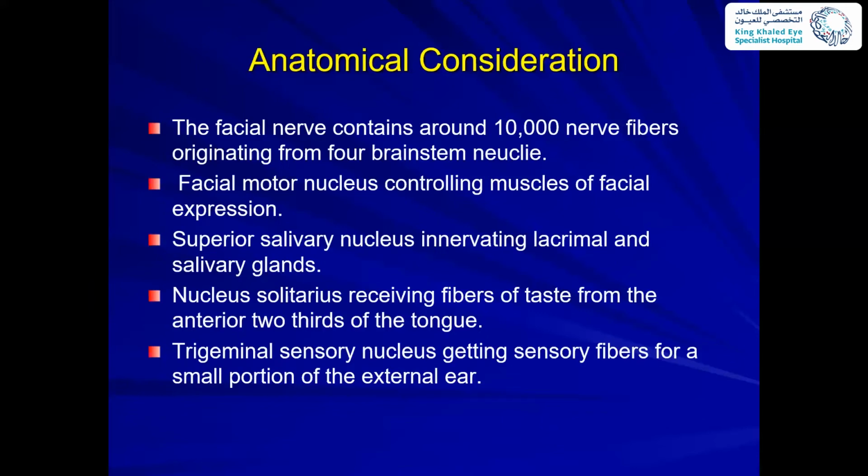The nucleus solitarius receives taste fibers from the anterior two-thirds of the tongue. The trigeminal sensory nucleus, getting sensory fibers from a small portion of the external ear, also goes with the facial nerve main trunk.